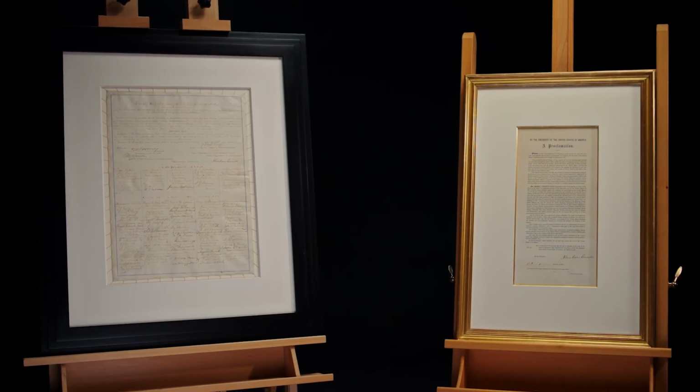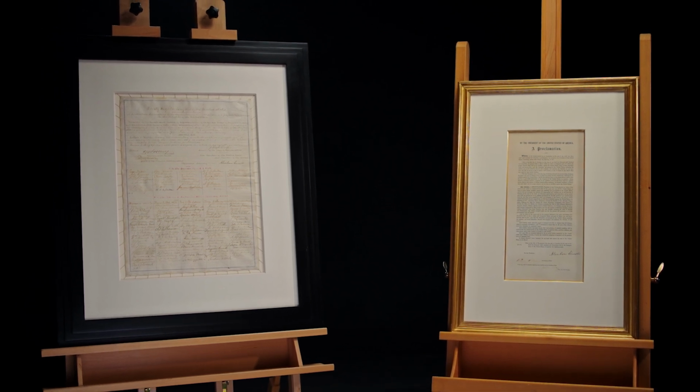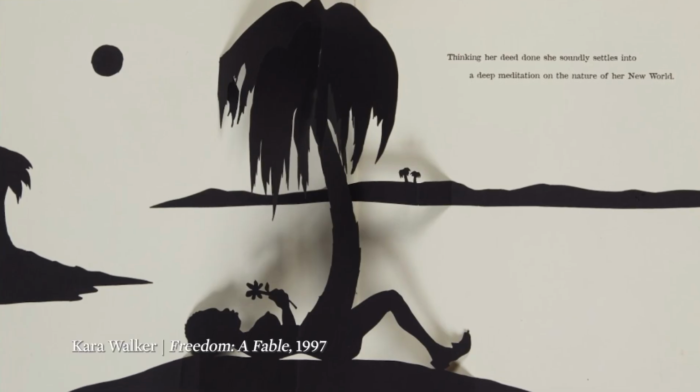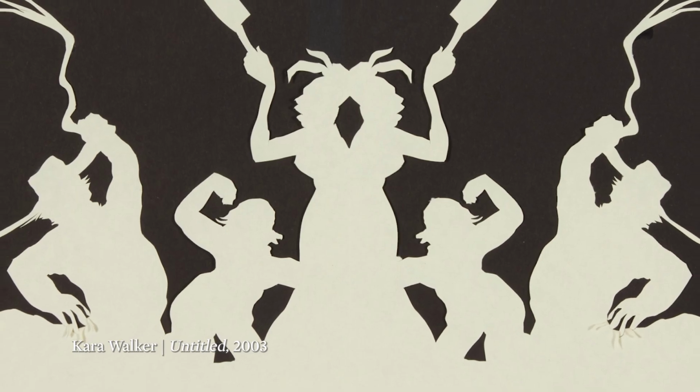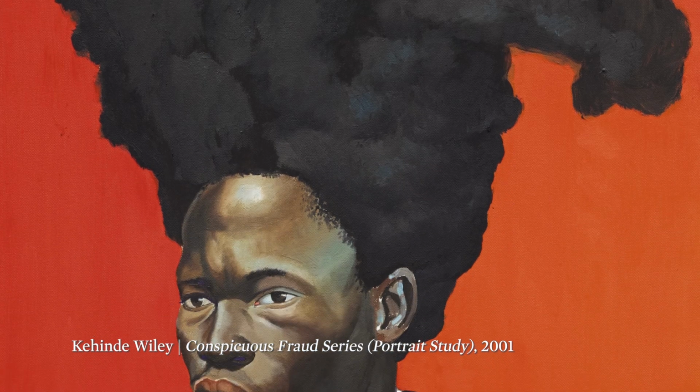Another really interesting thing that these documents and other historical documents have done for contemporary artists working today and in the late 20th century is that it enables them to really understand how they might fit into the fabric of the nation. The representation of Black bodies, of the Black figure, has changed over time since the passage of the 13th Amendment.